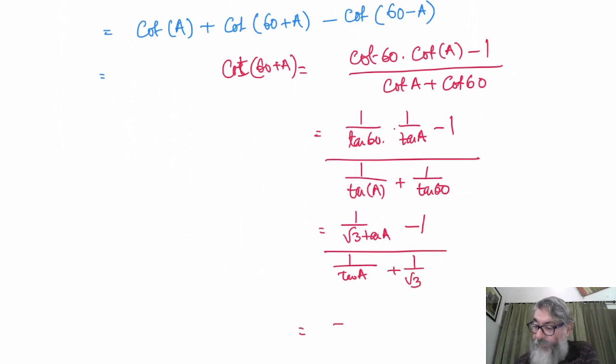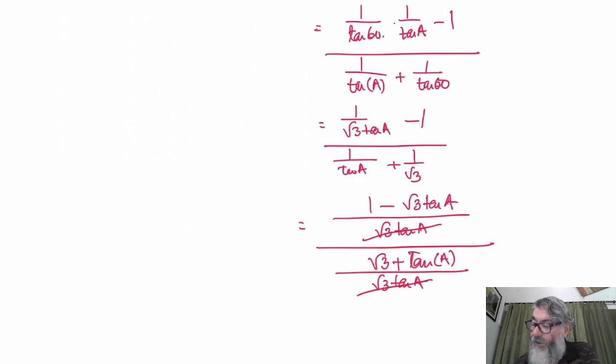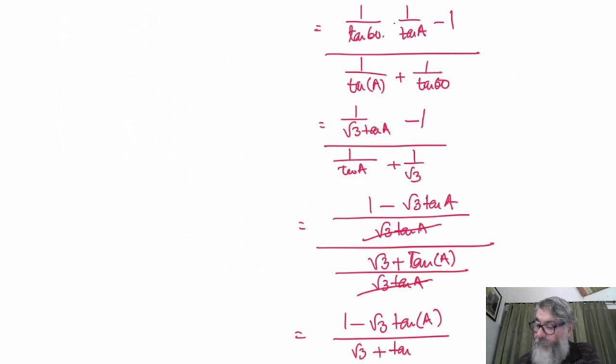So what will be the LCM? Root 3 tan A, so the numerator becomes 1 minus root 3 tan A, and in the denominator you get root 3 plus tan A. So this will cancel, and you will be left with (1 minus root 3 tan A) upon (root 3 plus tan A).